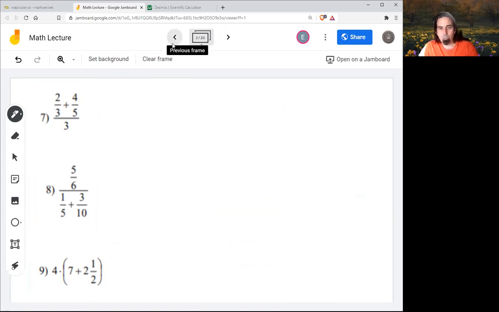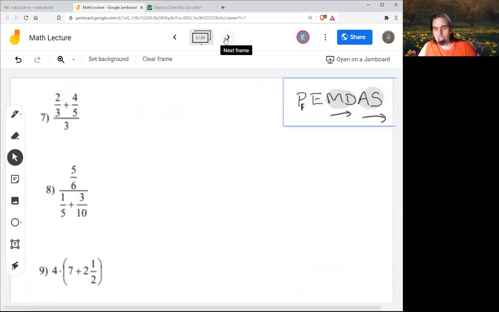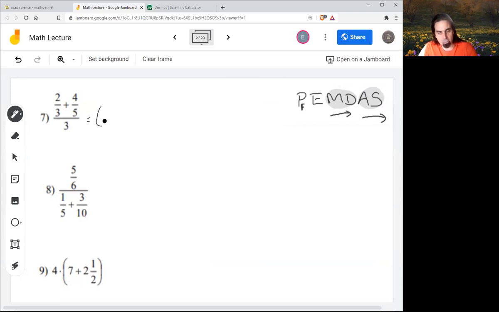So when we had this little PEMDAS fix, then we commented that fraction bars can always be represented as parentheses if we wanted. So this one we're going to say is 2/3 plus 4/5. And then when we're done with that, we're dividing by 3.